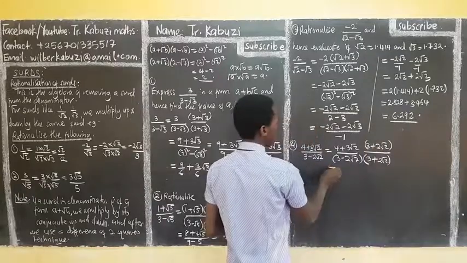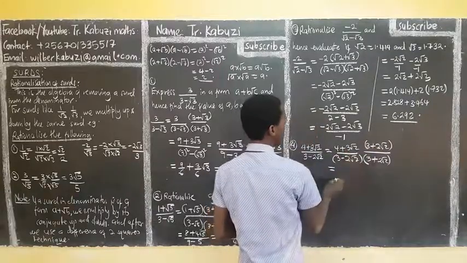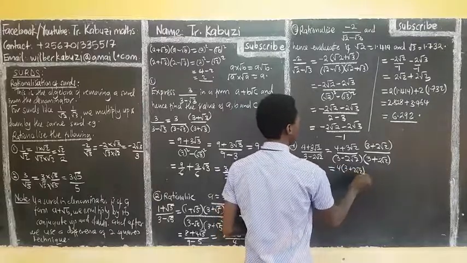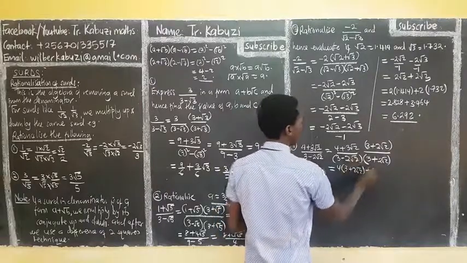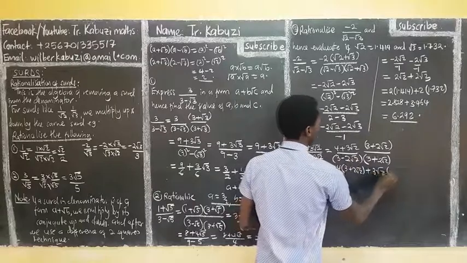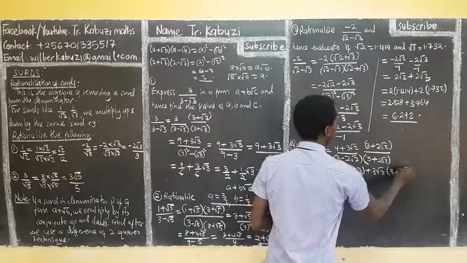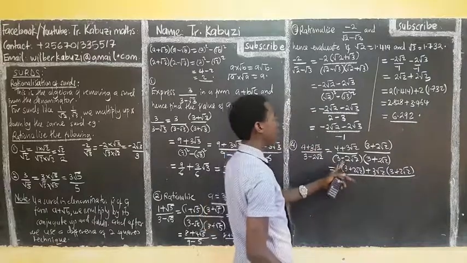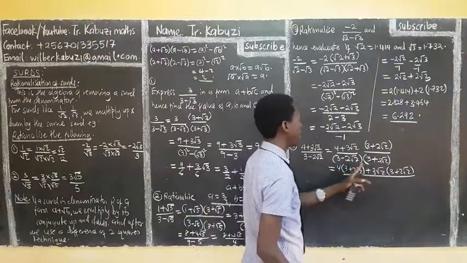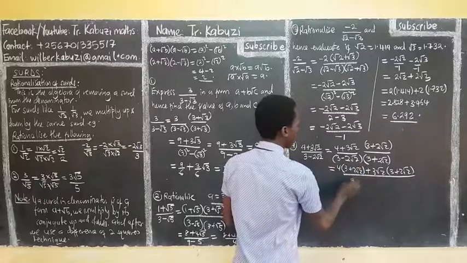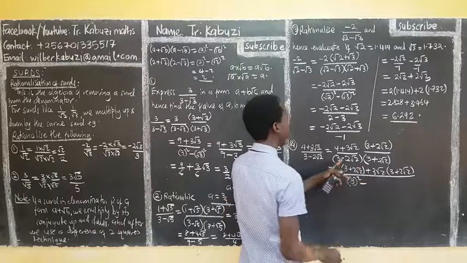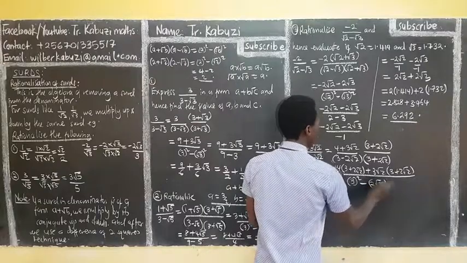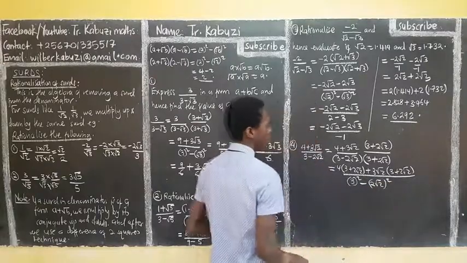And then as we say, this times this, we get 4 into 3 plus 2 root 2. Then plus 3 root 2 into 3 plus 2 root 2. Then down here, we say difference of the squares. The same. What we do, we get our 3, we square it, we maintain this, then we square the second term here. So be careful when you are squaring there.